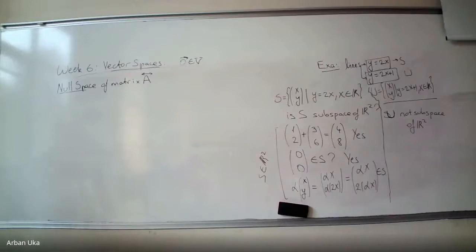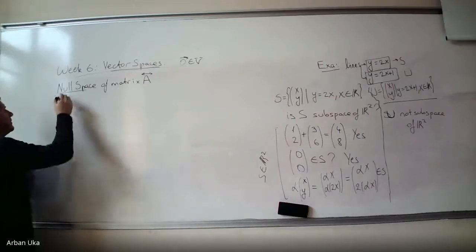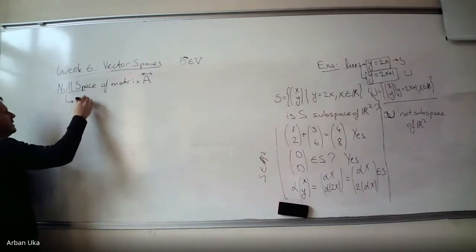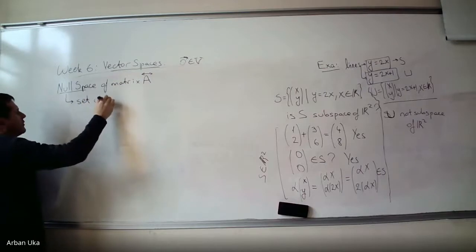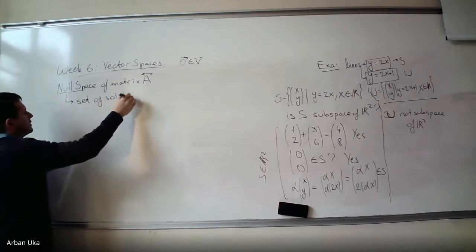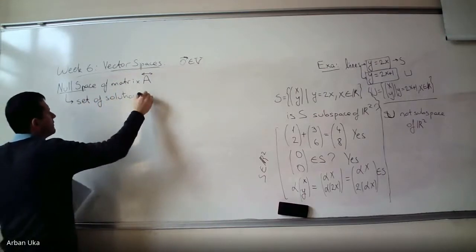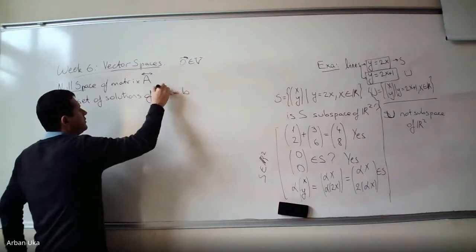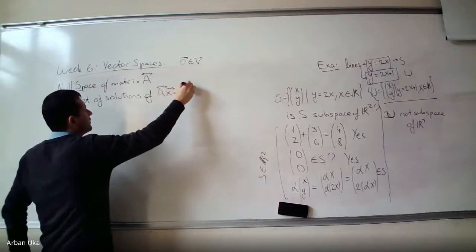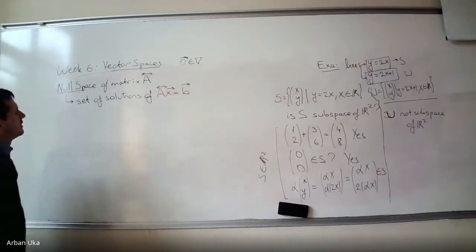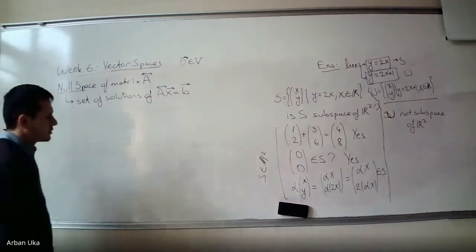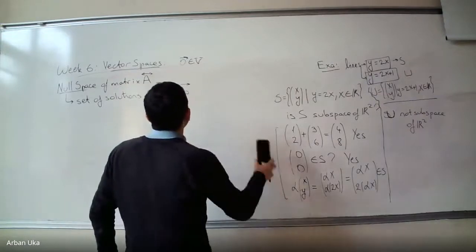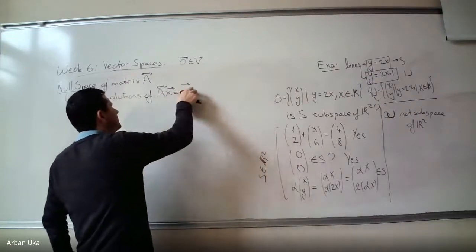The null space of matrix A is the set of solutions of an equation which looks like this: AX is equal to B. Okay, so sorry, that's not correct. This is the B, but when B is equal to 0.